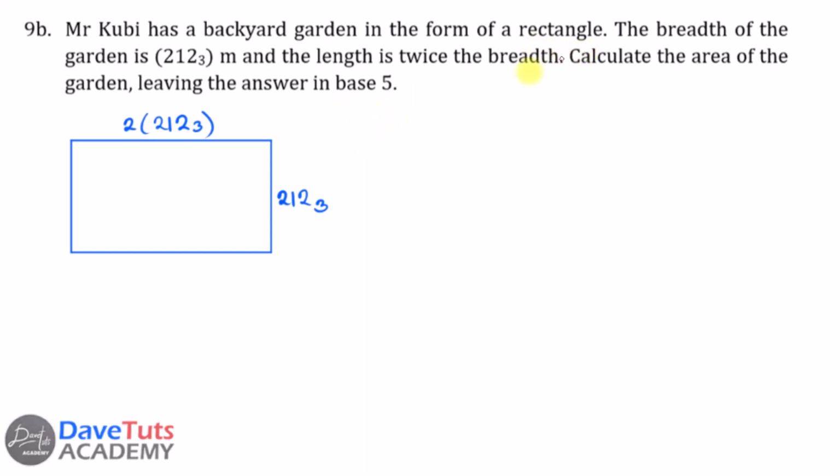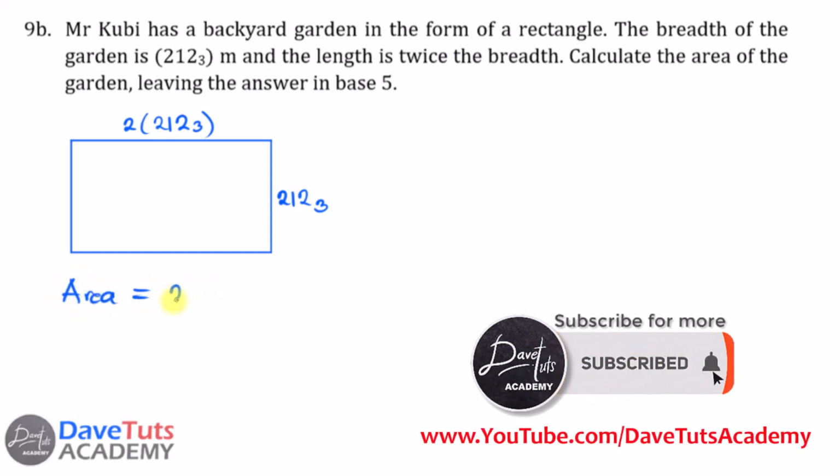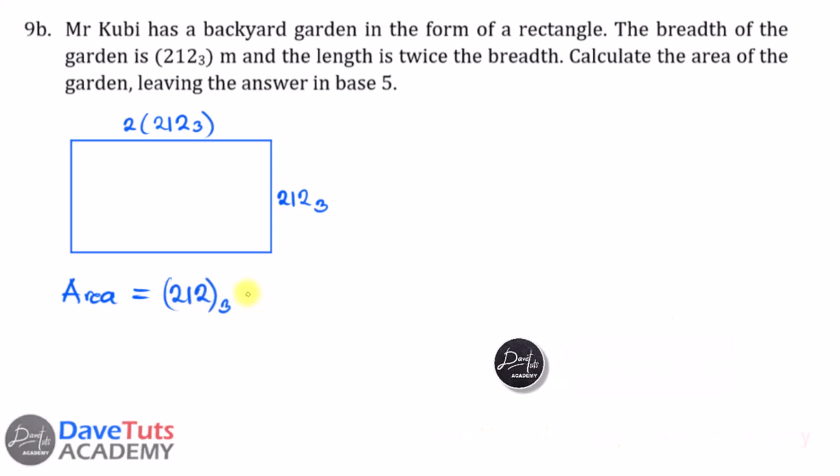Since it is a rectangle, the area will be the length multiplied by the breadth. So the area of this rectangle is going to be 212 base 3 multiplied by 2 times 212 base 3.